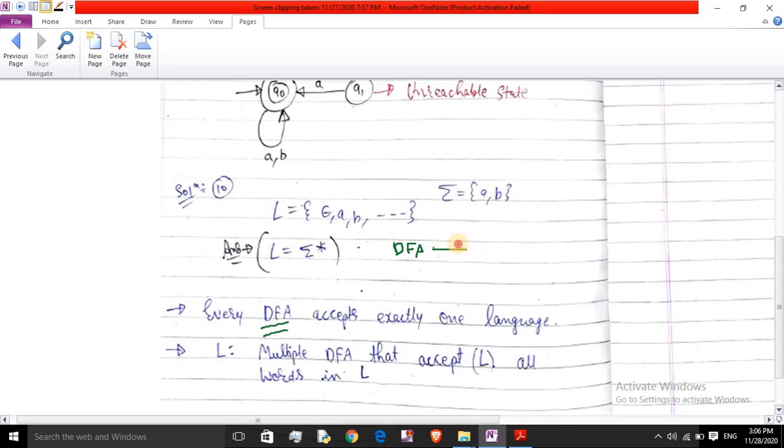It can accept only one language at a time. It cannot accept more than one language at a time.